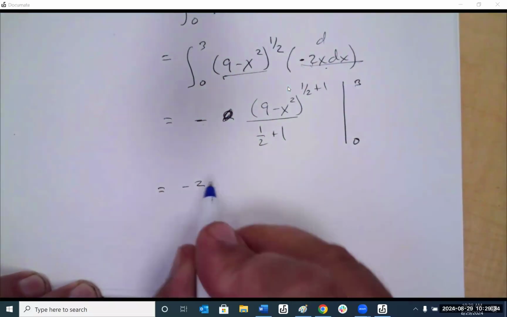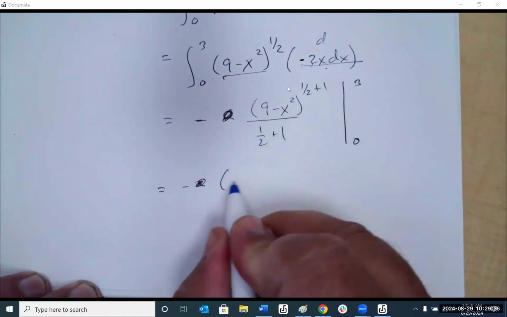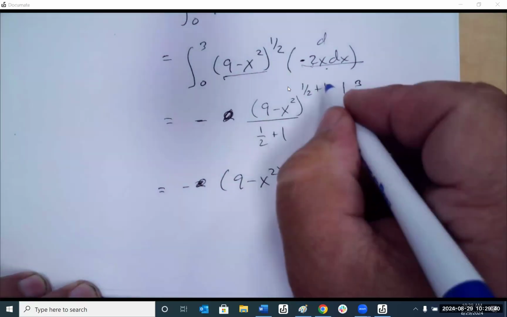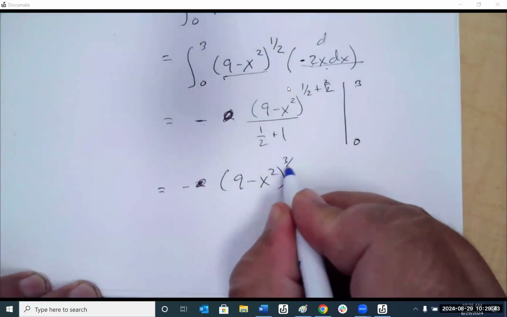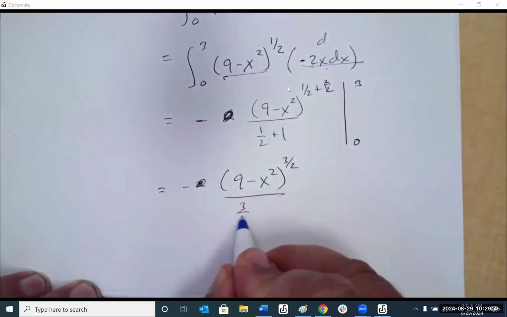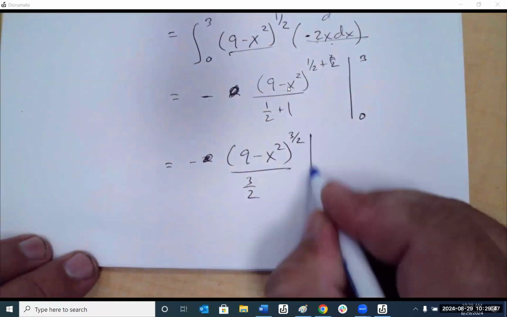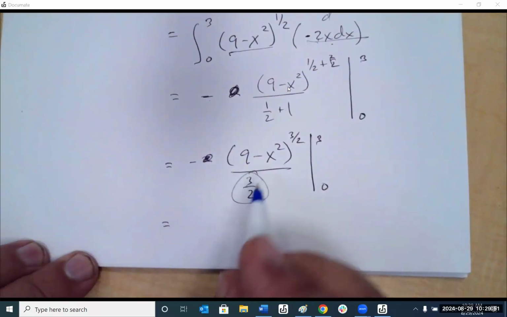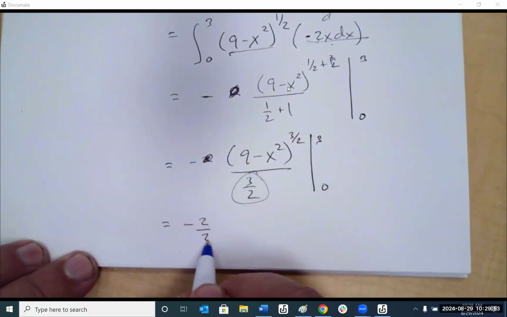I just need that negative sign. So we have 9 minus x squared to the 1/2 plus 1, which is 2/2, makes it 3/2 over 3/2. Flip the bottom.